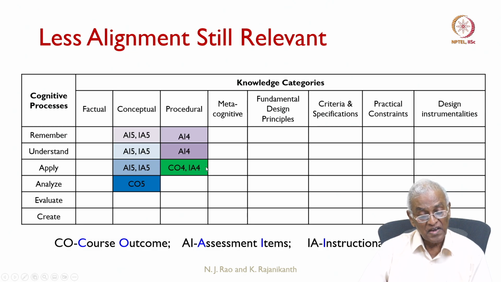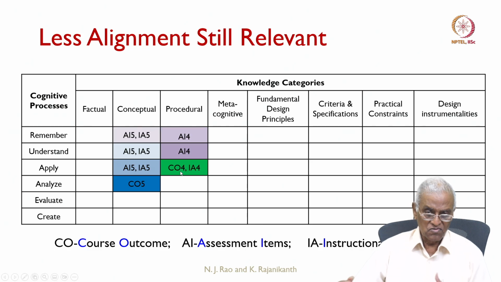So I have AI4 here as well as here and here. When I have it like that, the percentage weightage that I give to assessment items in this cell should be more than the weightage that I give to the other cells. If I give too much weightage, then I am not emphasizing at the right kind of level.